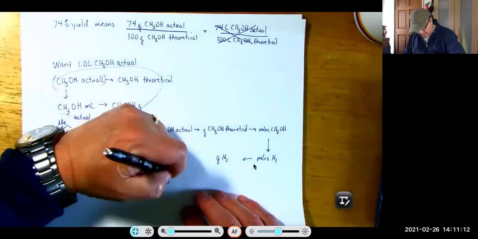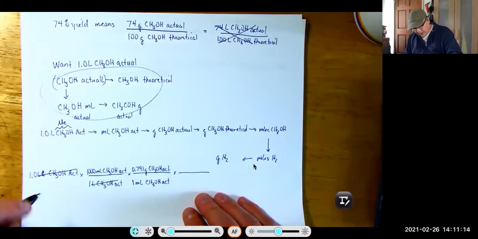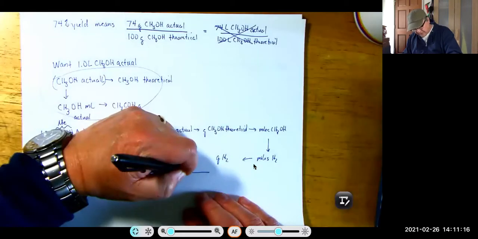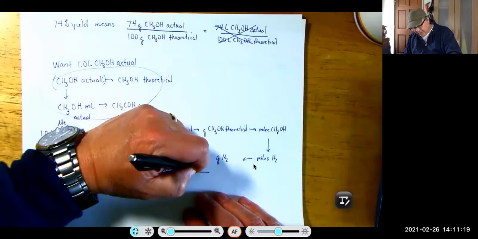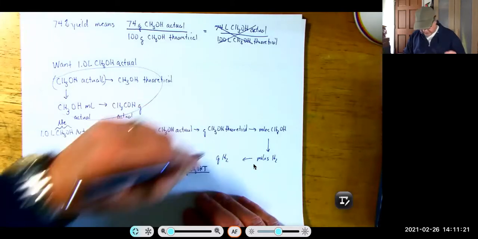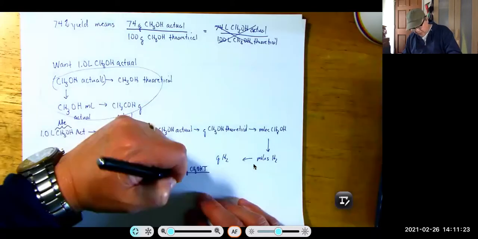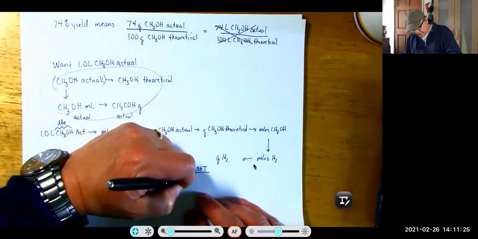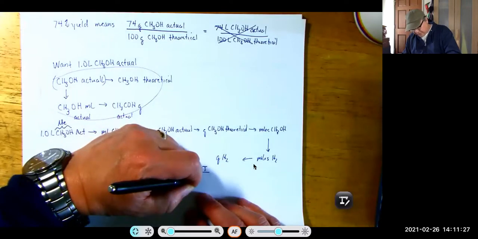Then I'm going to multiply by 74 grams of methanol theoretical, and I'm just going to put a T there for theoretical, over 100 grams of methanol actual.